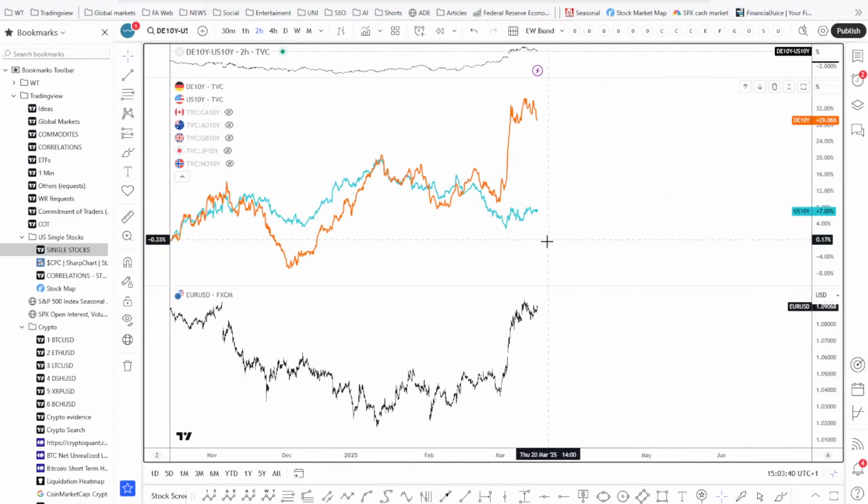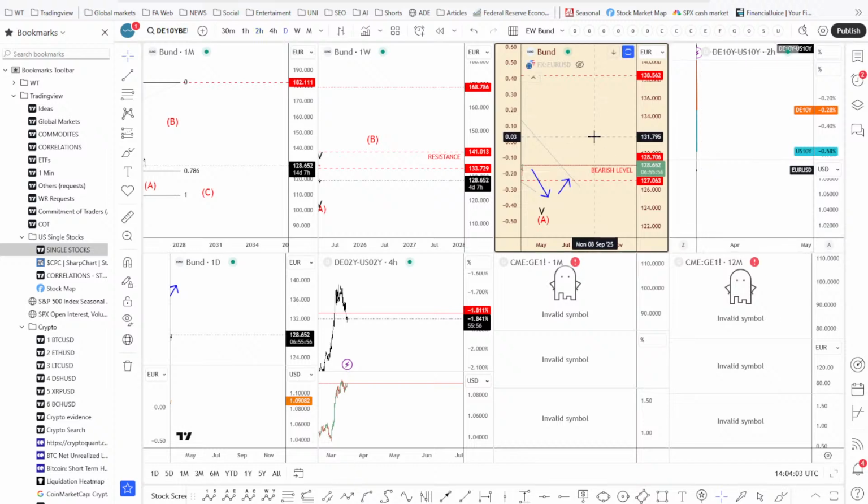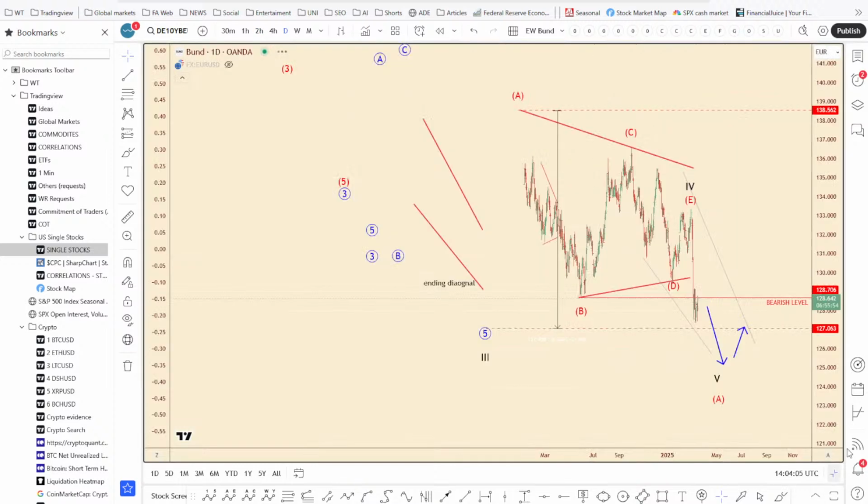But what's most important is still the differential between German and US yields, and we can see that euro dollar is pulling back a little because German yields are slowing down while US yields are still somewhat stable here. So in my opinion, this is a correction within the broader uptrend on euro dollar.